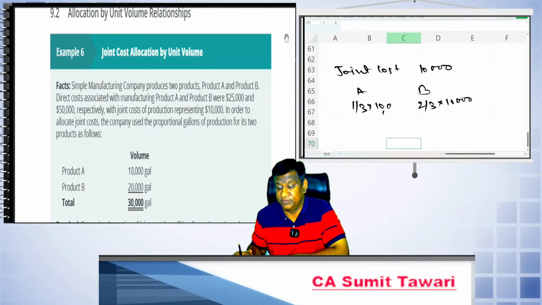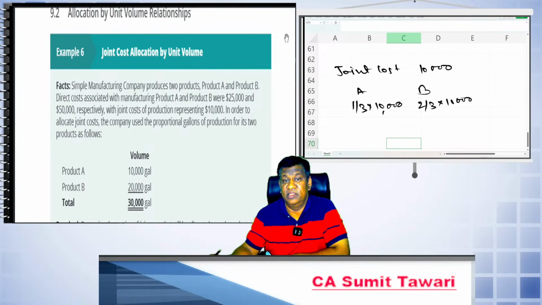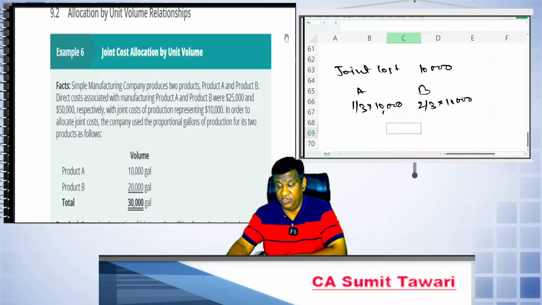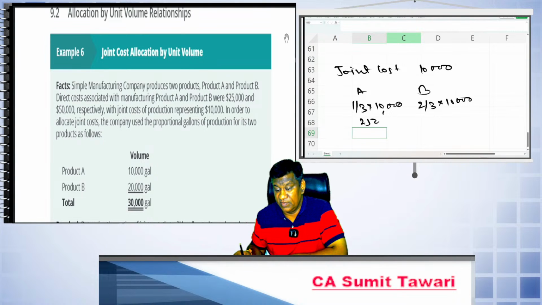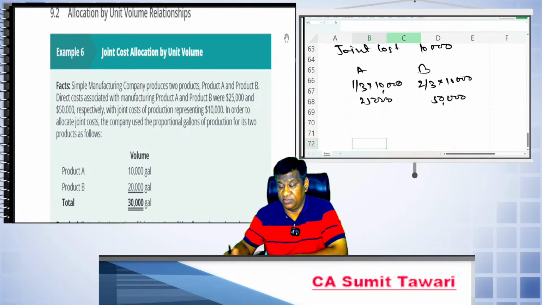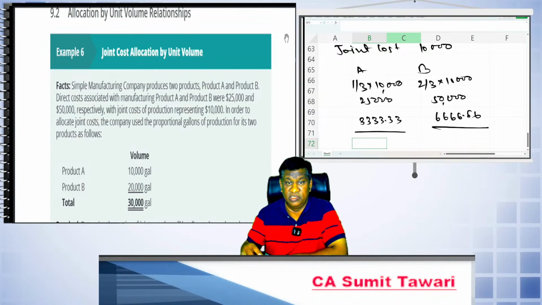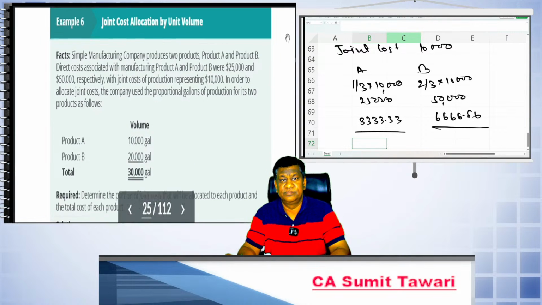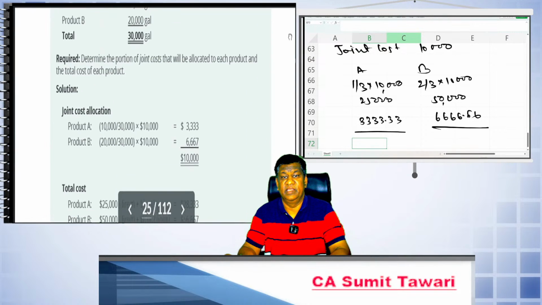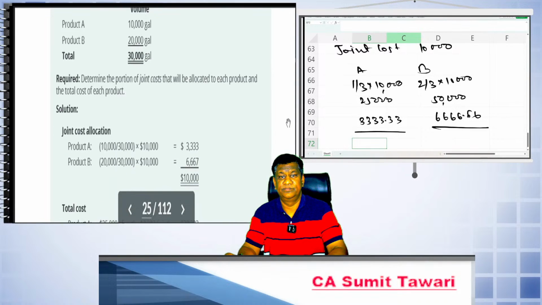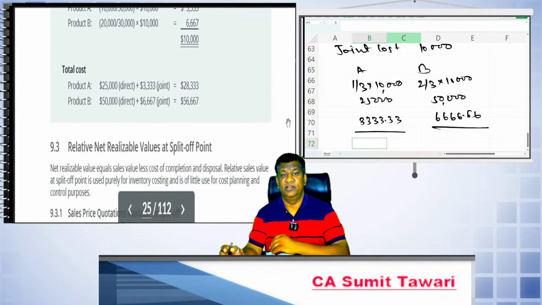Then the separable cost is given, 25,000 and 50,000. So 1/3 I can consider 3,333.33 and 6,666.66, and then we need to make a total. Yeah, so it is 10,000, and then you need to add.